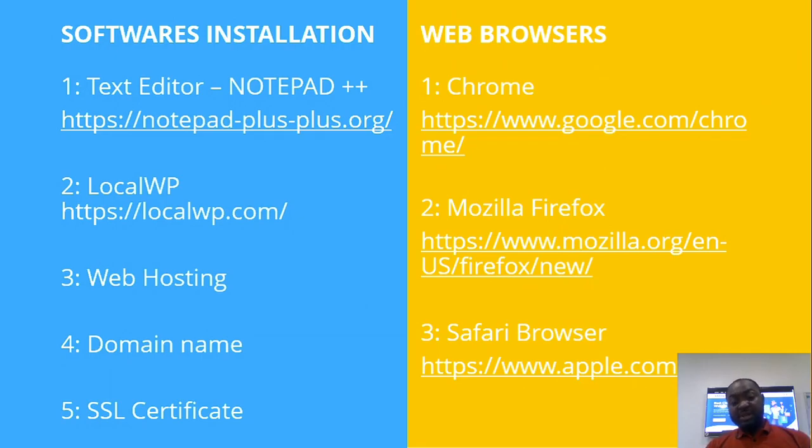You need a web hosting account, a domain name, and an SSL certificate. We'll give you all the details on how to get these in the content link. For web browsers, we recommend Google Chrome, Mozilla Firefox, or if you're on a Mac, you can use Safari.